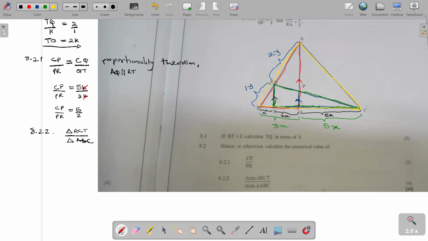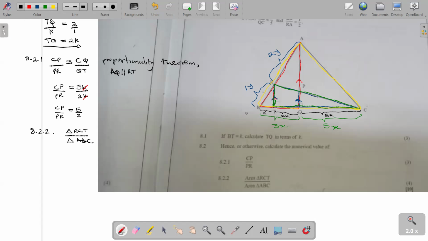We can check, are these triangles between parallel lines? As you can see, yes, parallel lines are there, but they are not between parallel lines. Then we can check, are they sharing any common angle? As you can see, we can check properties of similarity. There are many approaches that we can use when solving these ratios of areas of triangles. But all those things that we check, maybe they are not there. Another thing that you can check here, we can go beyond just those two triangles and check any other relationship.